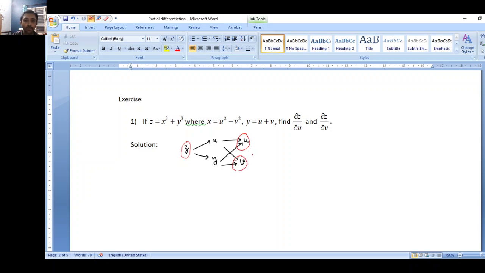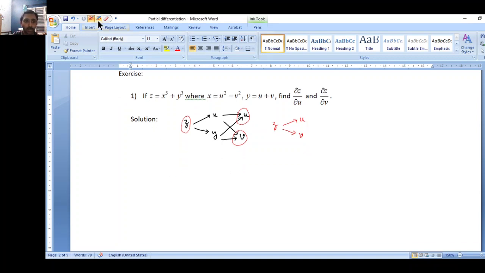So obviously we should be able to find the derivatives of z with respect to u and v, and because z depends on two independent variables, we should be able to find dou z by dou u and dou z by dou v. Now the question is, what are dou z by dou u and dou z by dou v?